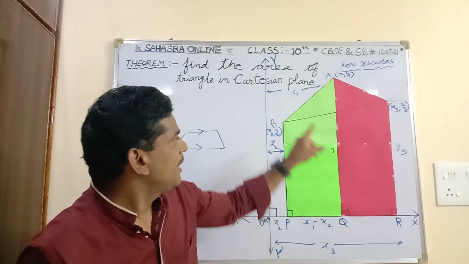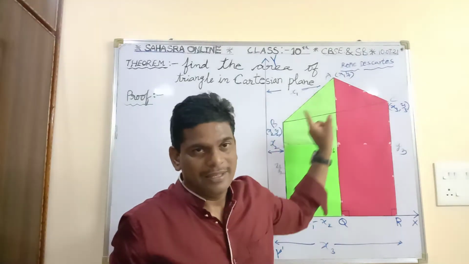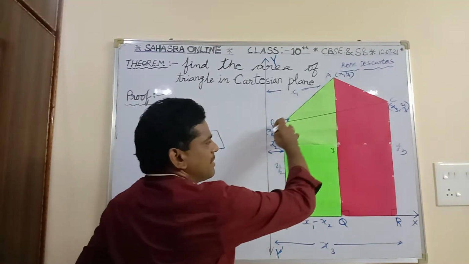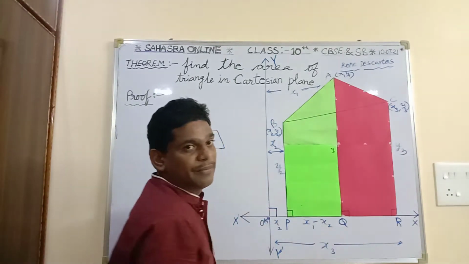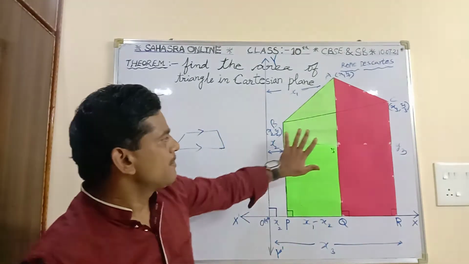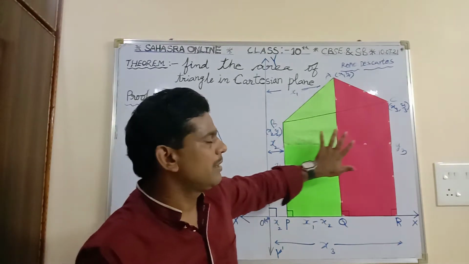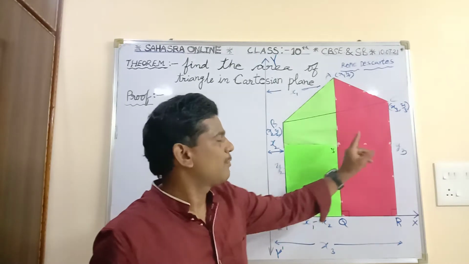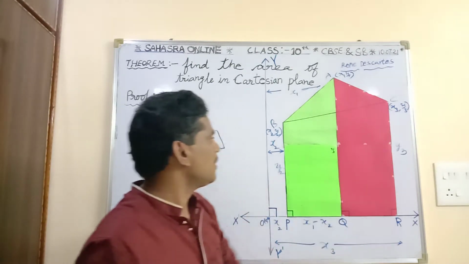To find the area of triangle ABC, just subtract this area of trapezium from sum of two areas of trapeziums. One is green and other one is red. Let us see.